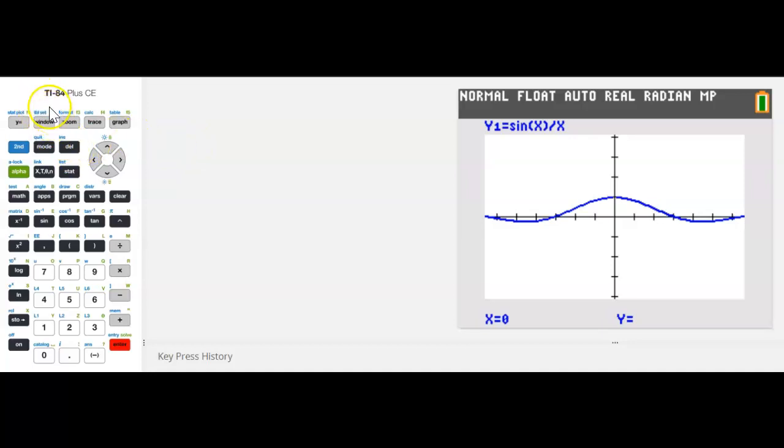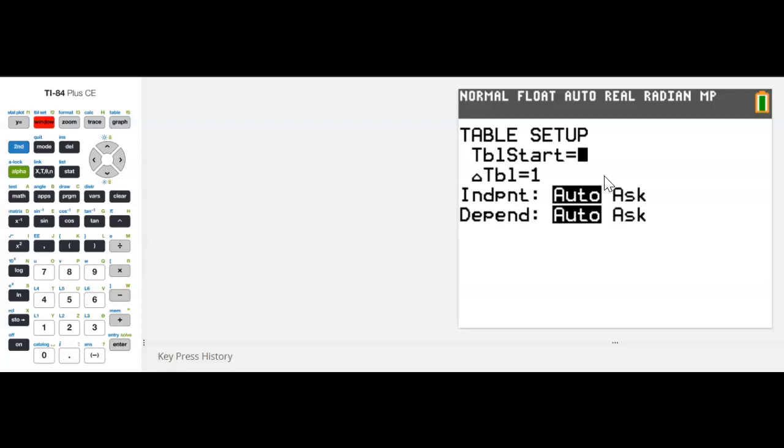Now look on this calculator above the window button. There's a table set menu, and then above the graph button is the table. So when we're ready for the table, we're going to hit second graph to get the table. Here's the table set button, so hit second window. In our case, we want to be near 0.